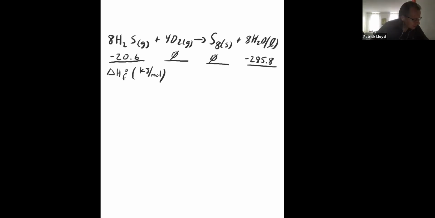So delta H of reaction under standard conditions. I'm going to do the sum on a separate line. Sum of delta H. Oh, I'm sorry, I wrote that wrong. Sum of the number of moles of each product times the enthalpy change of formation for each product. So I'm going to do products first.